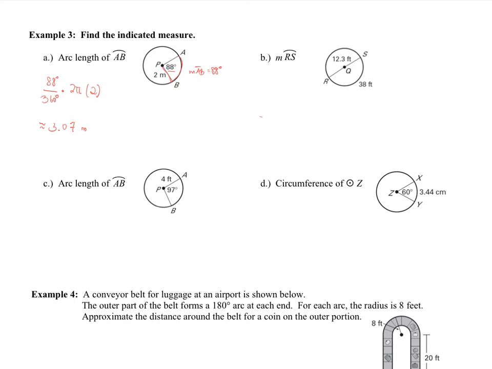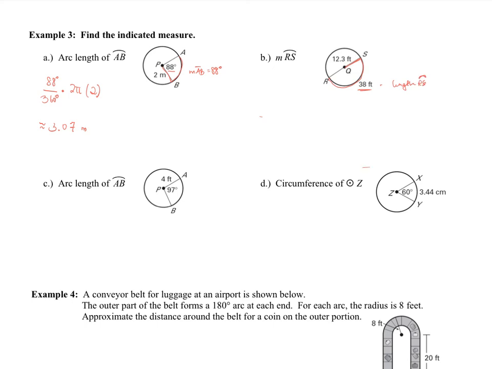And for B, I want to let 12.3 be the radius. And then to find the measure of arc RS, I'm given the length of this arc. This is the length of arc RS.